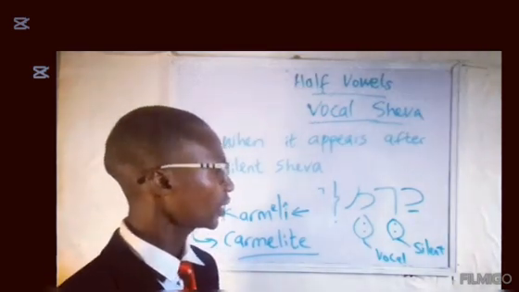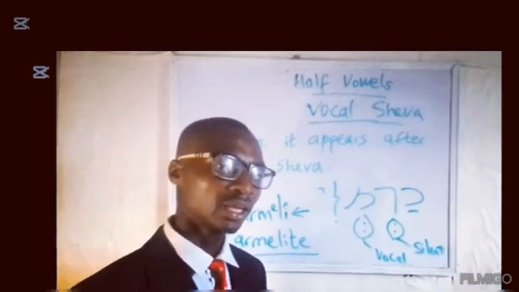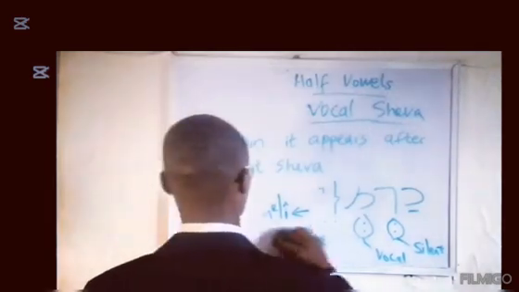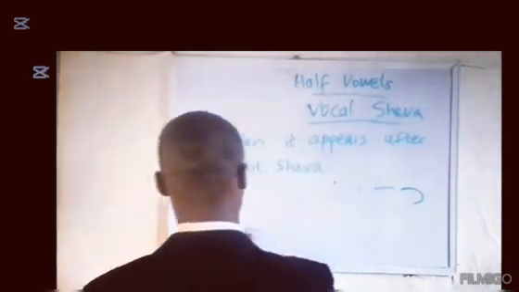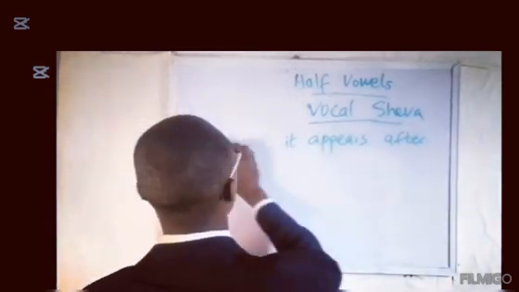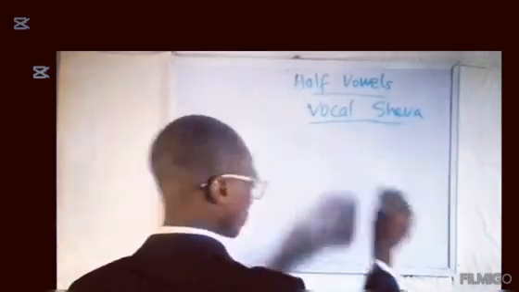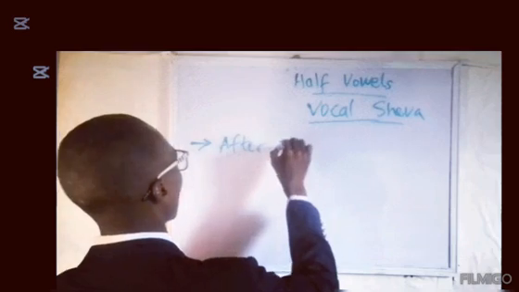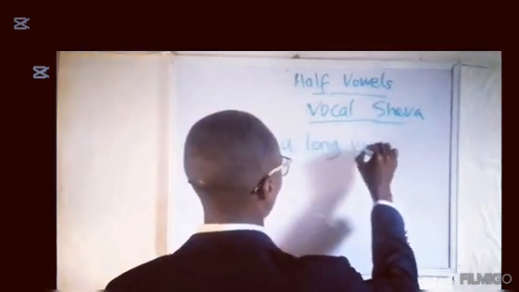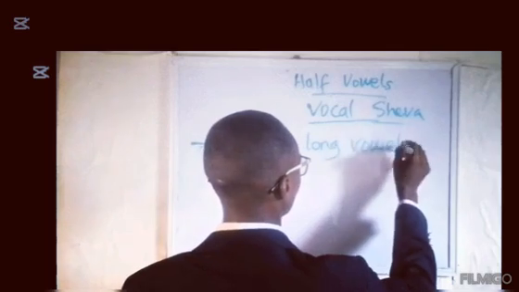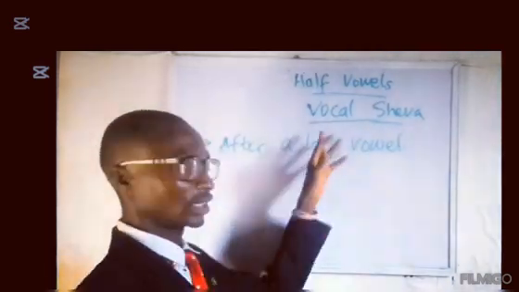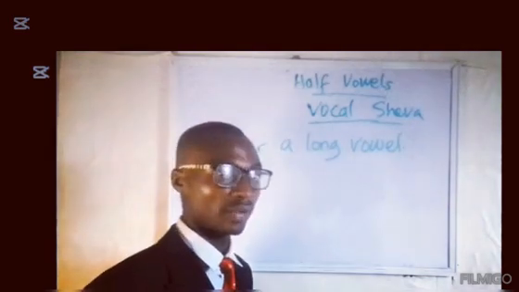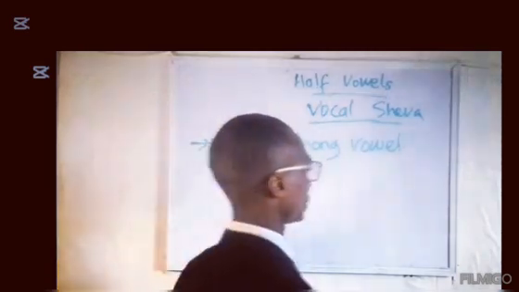Okay. Now let's address the final parameter, and that is the case of having the Sheba appearing after a long vowel. It comes after a long vowel. That is Avoka Sheba. Once we have Sheba coming after a long vowel, we have two instances there.